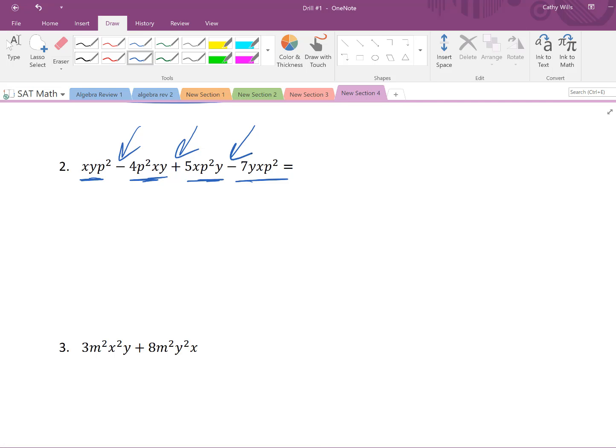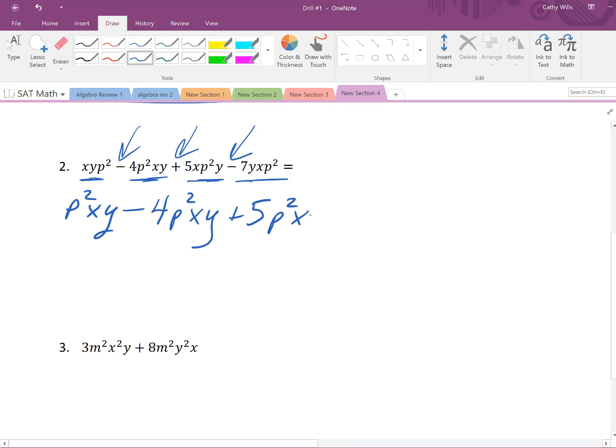Remember, multiplication is commutative, so it doesn't matter whether the p, the y, or the x comes first in each term. So here you've got p squared xy in the first term, minus 4p squared xy, plus 5p squared xy, minus 7p squared xy. So these are all like terms.